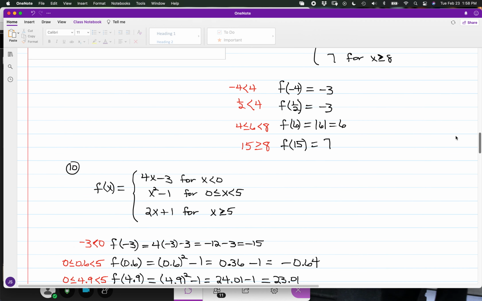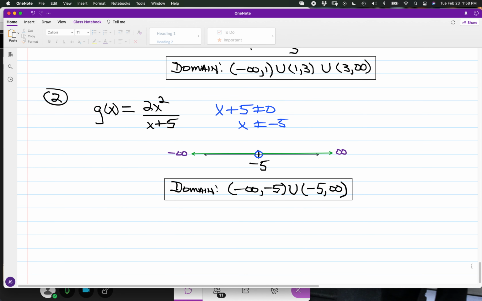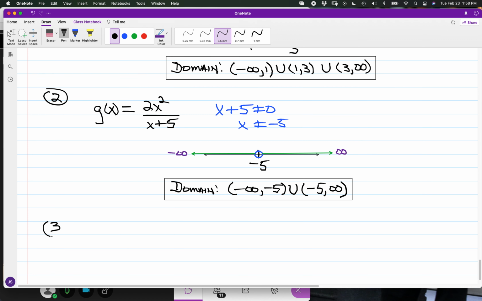Now we have h of x, that was the square root of 9 minus 5x. With this radical function, it's an even root, and since we have a square root function and not a fraction, there is no restriction in terms of 9 minus 5x not being 0.